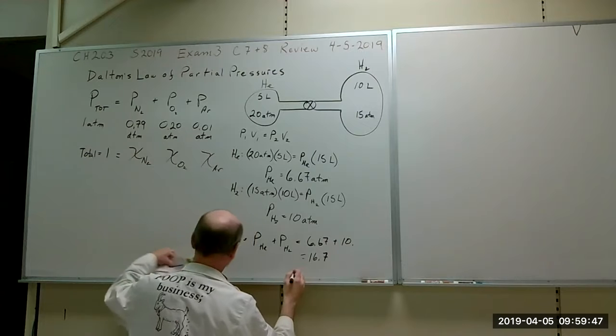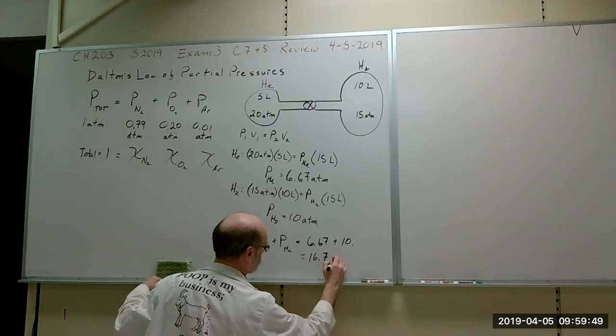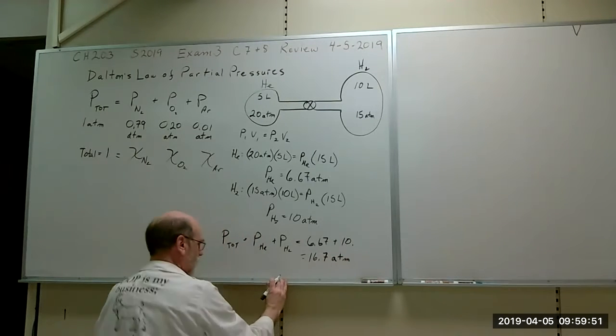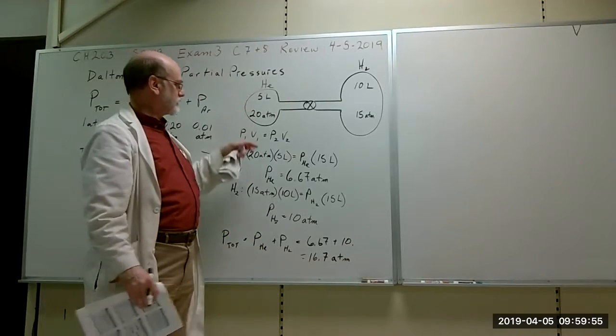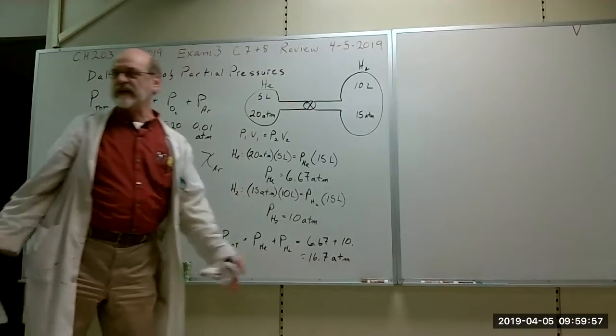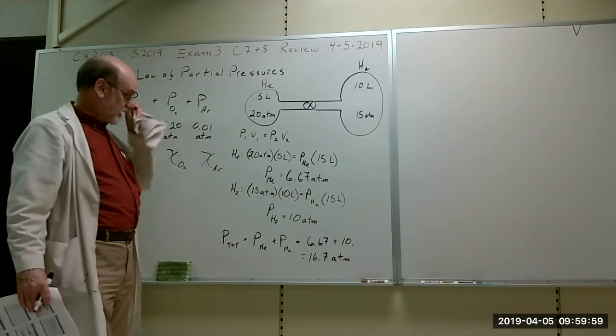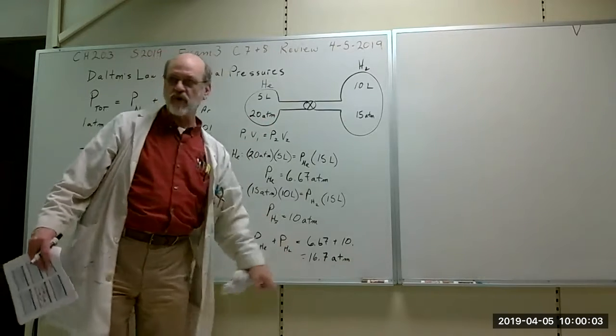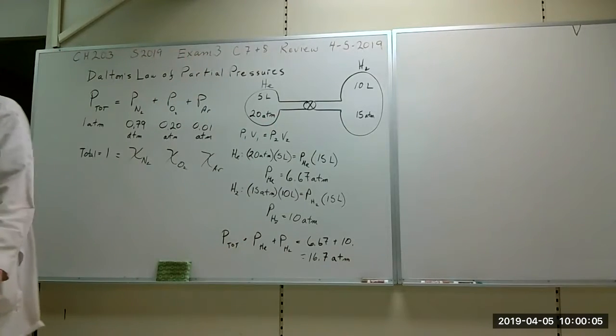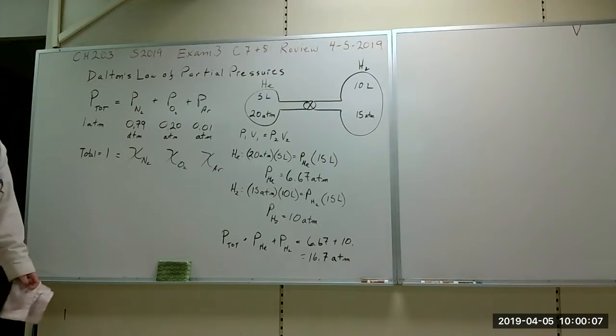Round it off. If we rounded it off to 2 significant figures, then it'd be 17. But it's between 15 and 20, which is where we would expect it to be. Okay?